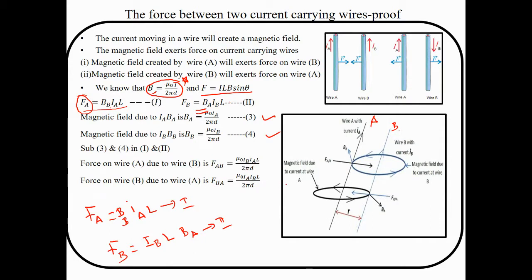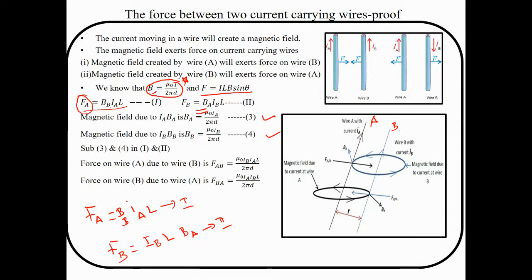The first wire current will have a magnetic field, and that magnetic field will affect the second wire. Likewise, the second wire has the current, and that current produces some magnetic field. That magnetic field will affect the neighboring wire. If you have a doubt, you can just see this picture.